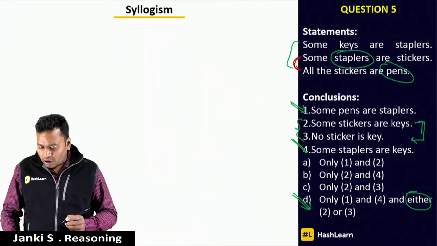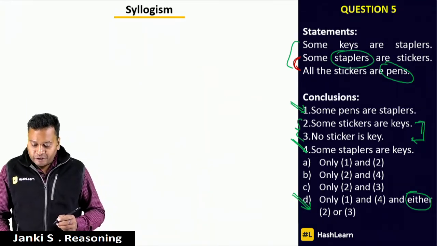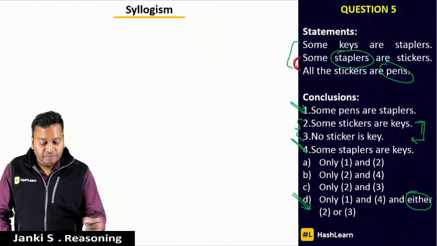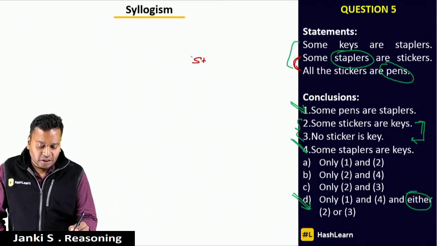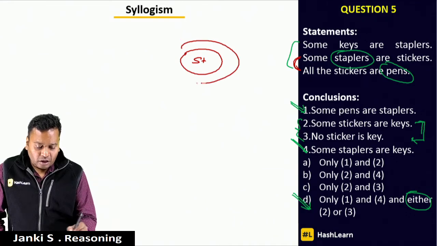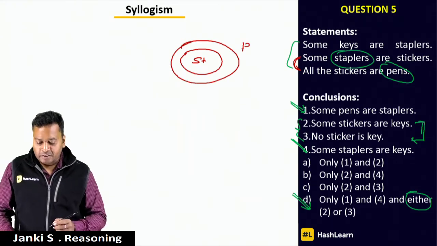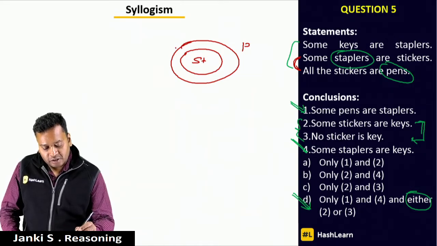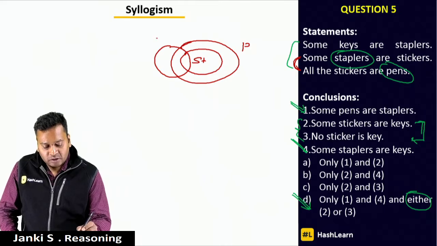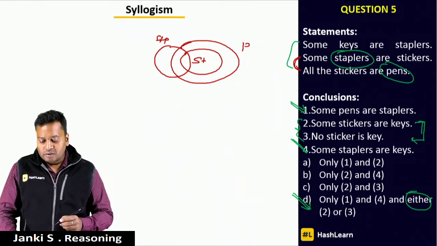So let's draw this. First I'll start with all stickers are pens. I'll always start with all. Now some staplers are stickers, so I'll mark that.